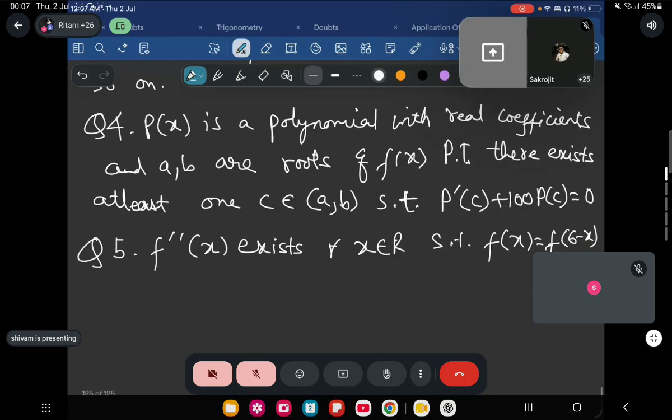F dash at 0 is equal to 0 is equal to f dash at 2 is equal to f dash at 5.